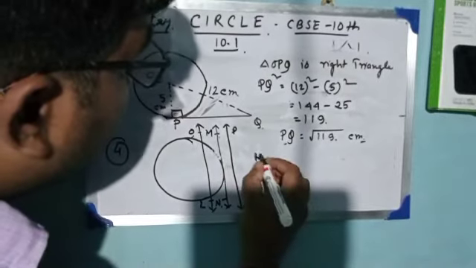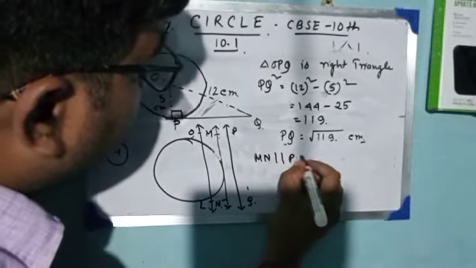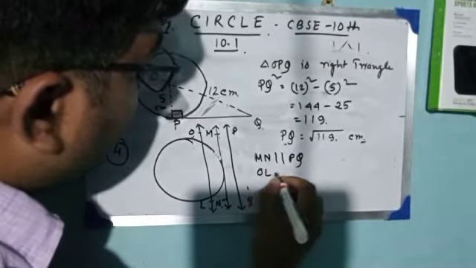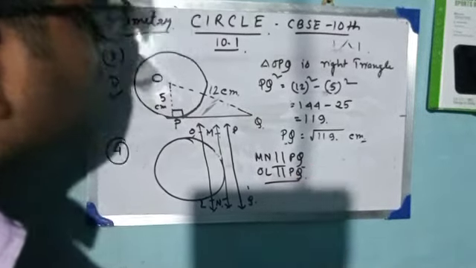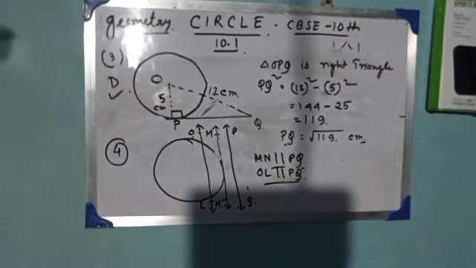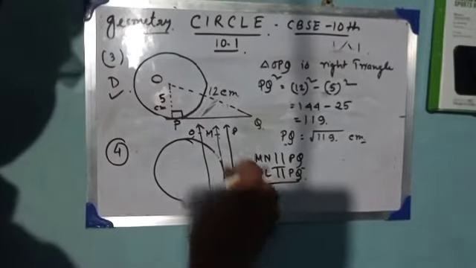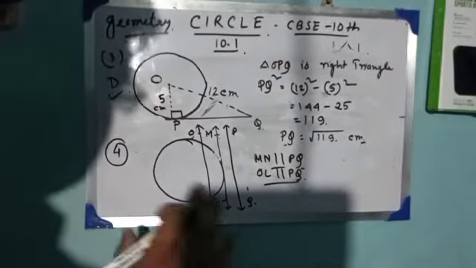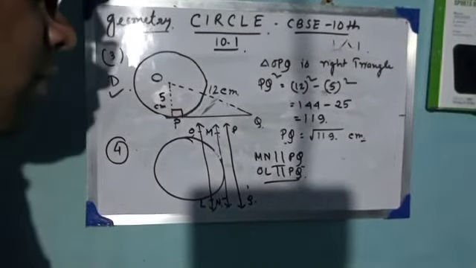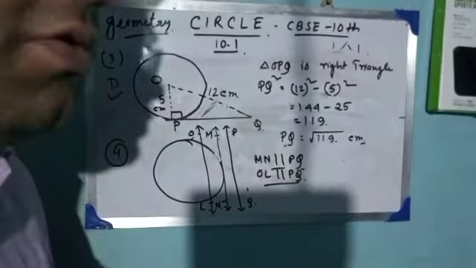Both MN and OL are parallel to PQ, but OL is the secant and MN is the tangent. Now this is not the fully actual process; this is the basic idea that I have shown you.